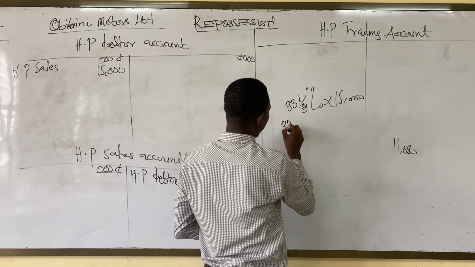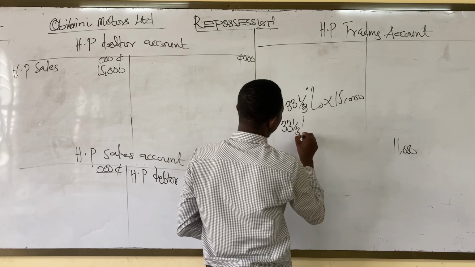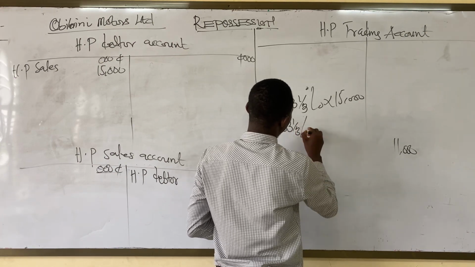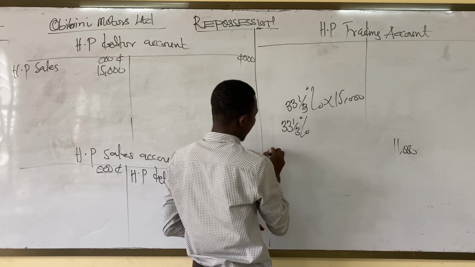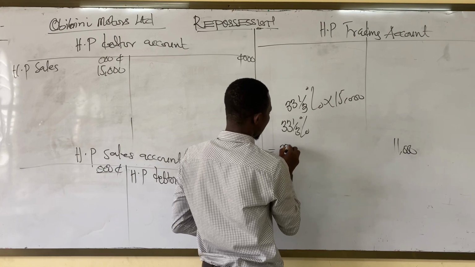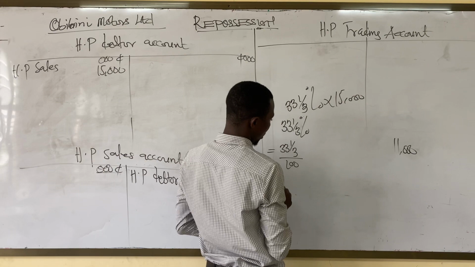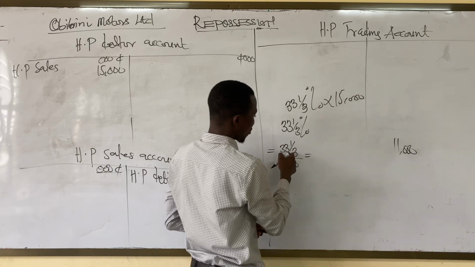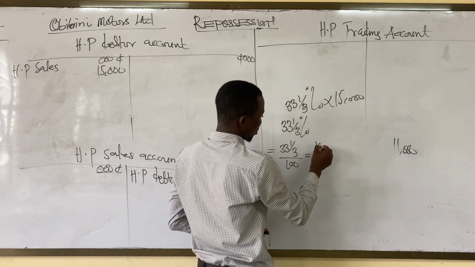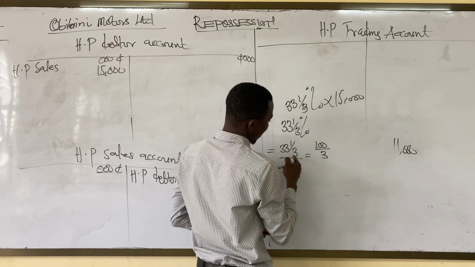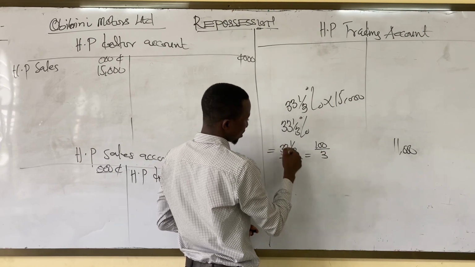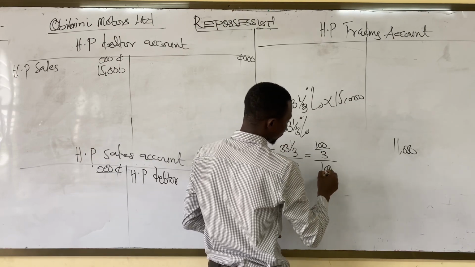So the 33 1/3% can be written as 33 1/3 all over 100. Okay, and we can convert this to an improper fraction, that is 100 over 3. That is, you multiply this by this, add it to this, all over 100.